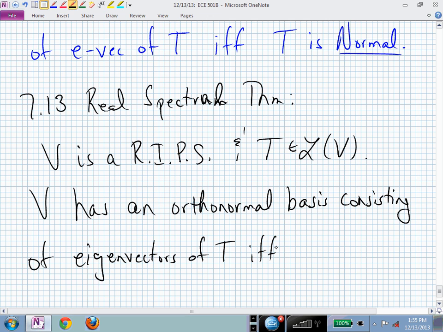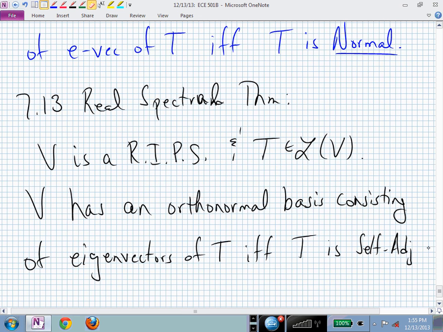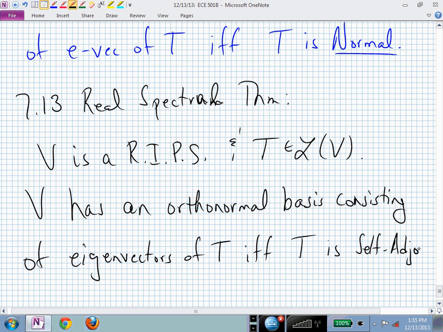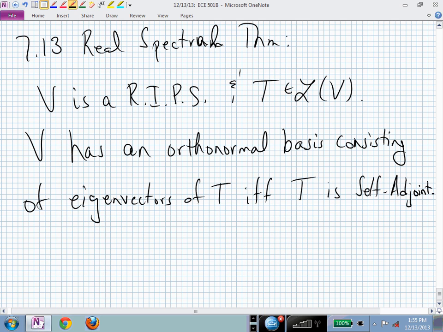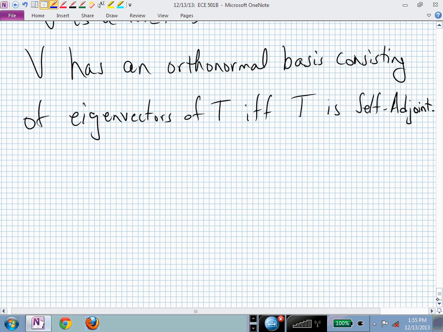Now I said it was more restrictive: T is not just normal, it now has to be self-adjoint. It has to be better than normal. The operator has to equal its adjoint. Then we can have, on a real inner product space, an orthonormal basis consisting of eigenvectors of T. I said Chapter 7 was full of definitions, didn't I? We've had self-adjoint, normal, then we made it into these spectral theorems.